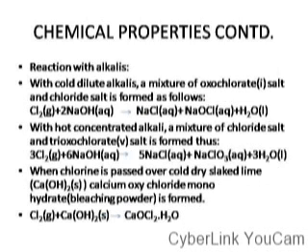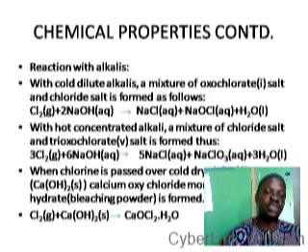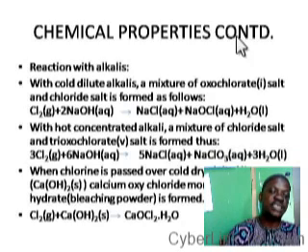Reaction with alkalis. Whenever chlorine comes in contact with cold dilute alkali, it will form the oxochlorate 1 salt of the alkali metal and the chloride salt of the same alkali. Look at the example given here.